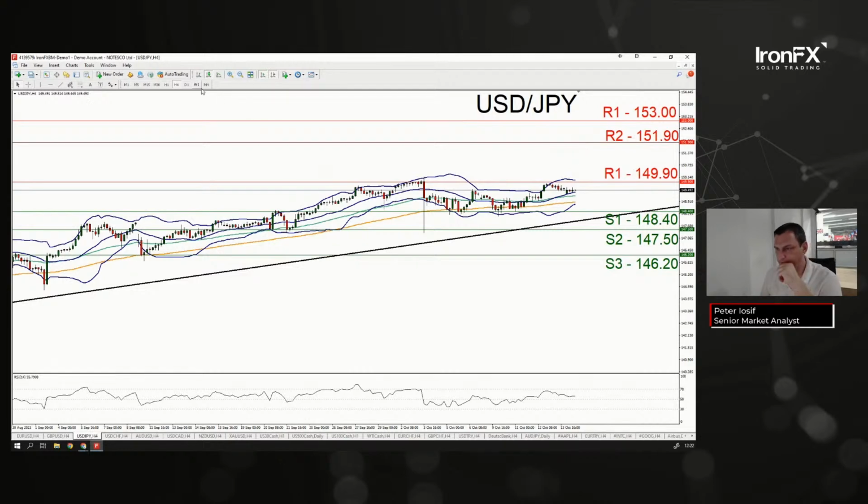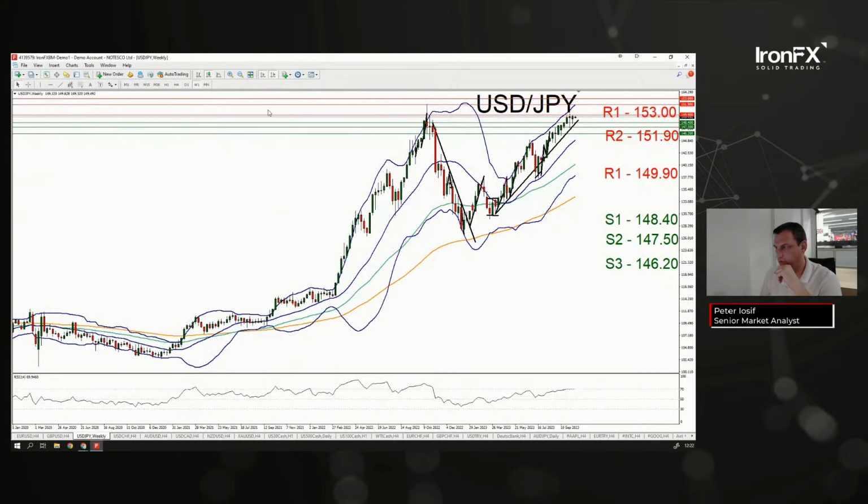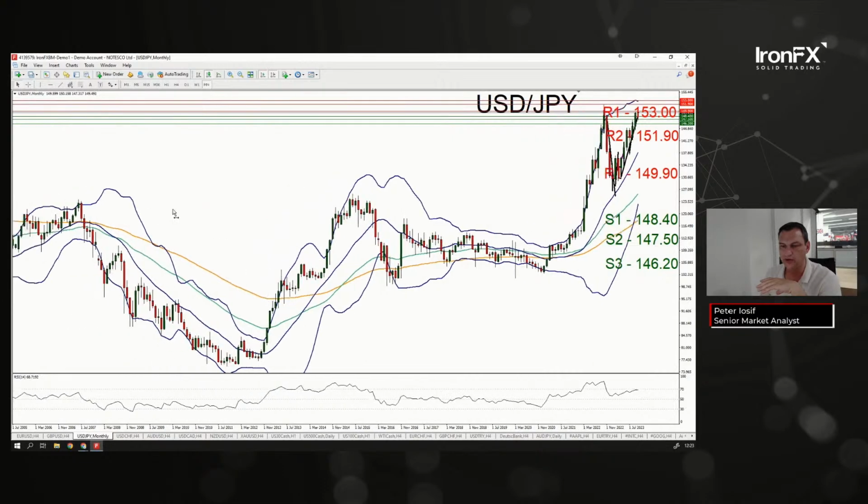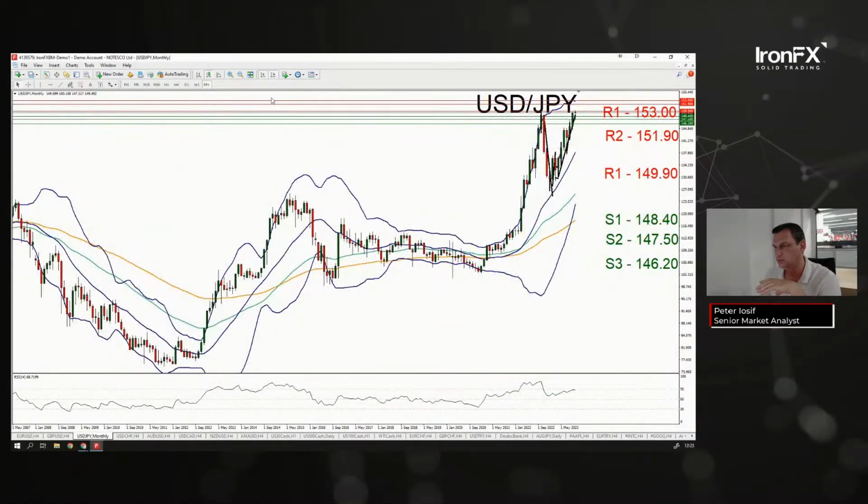Allow me to show you. Moving to the weekly chart. Note how this level was reached practically in October 2022. Let's have a look. Yeah, 16th of October 2022. There was no such indication, even if we move to a monthly basis, which goes back all the way to 2008.